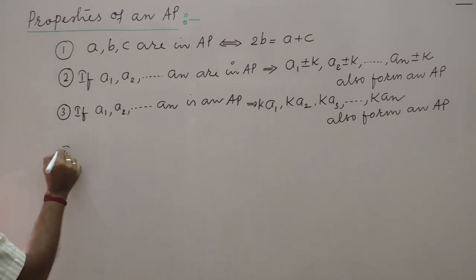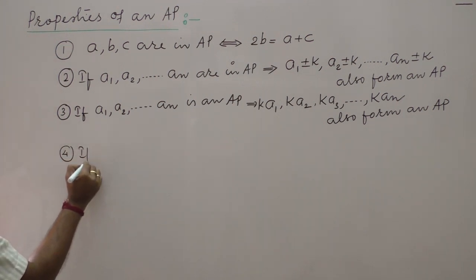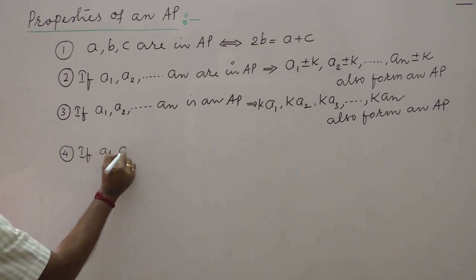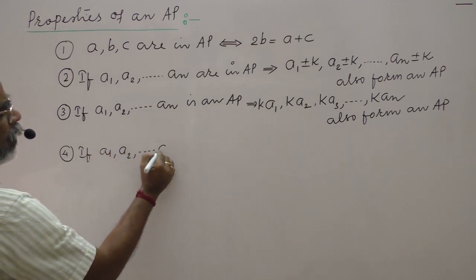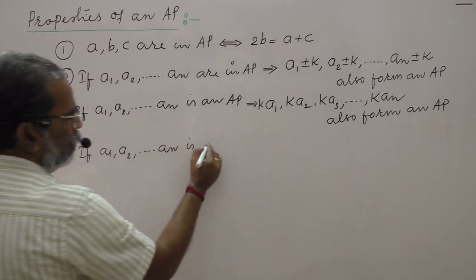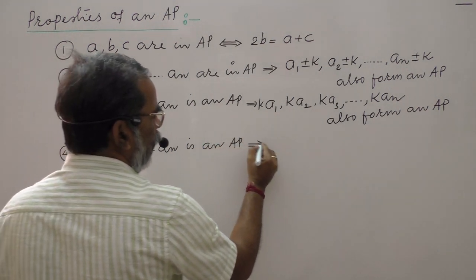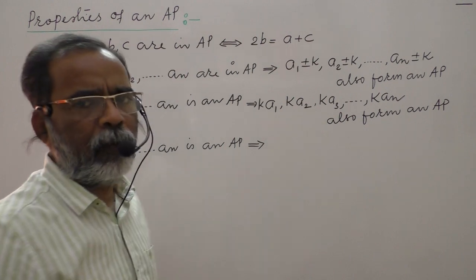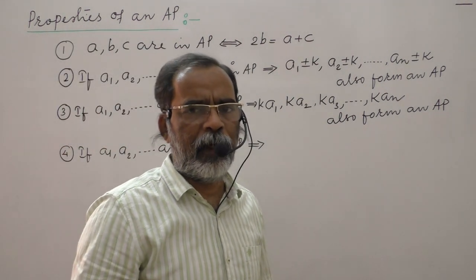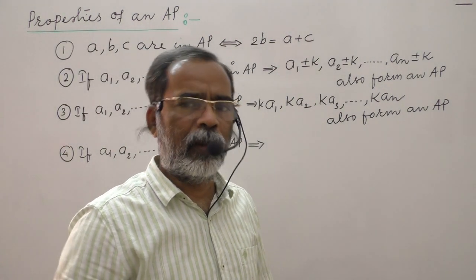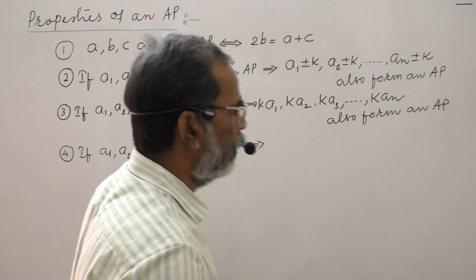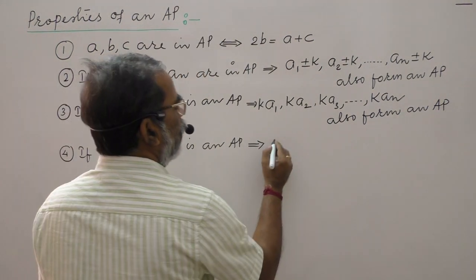Next, number 4. Again, if you take an AP A1, A2, ... AN, and you divide all the terms of the AP by a non-zero number K, then also the resulting series will be in AP only.